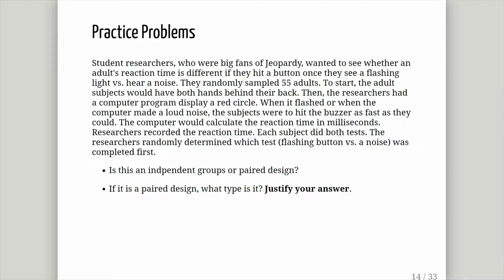The computer would calculate the reaction time in milliseconds. Researchers recorded the reaction time. Each subject did the test twice. And then the researchers randomly determined which test, flashing button versus a noise, was completed first.